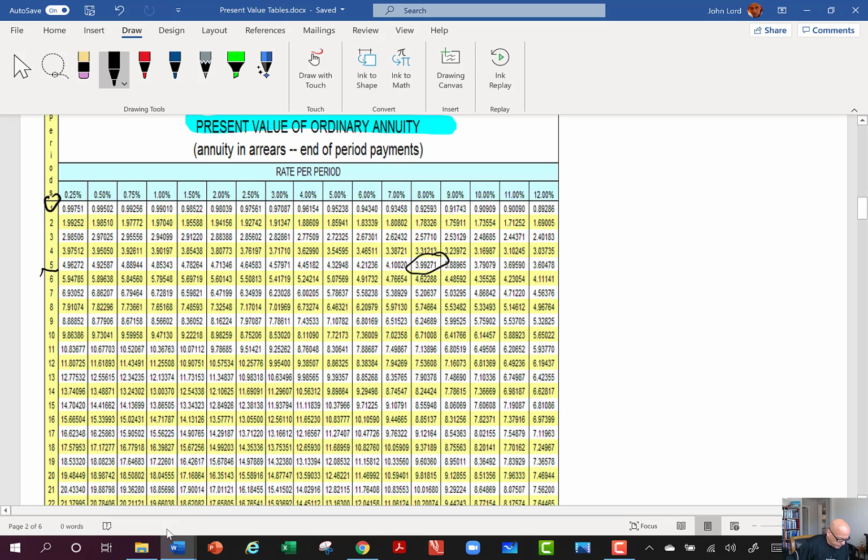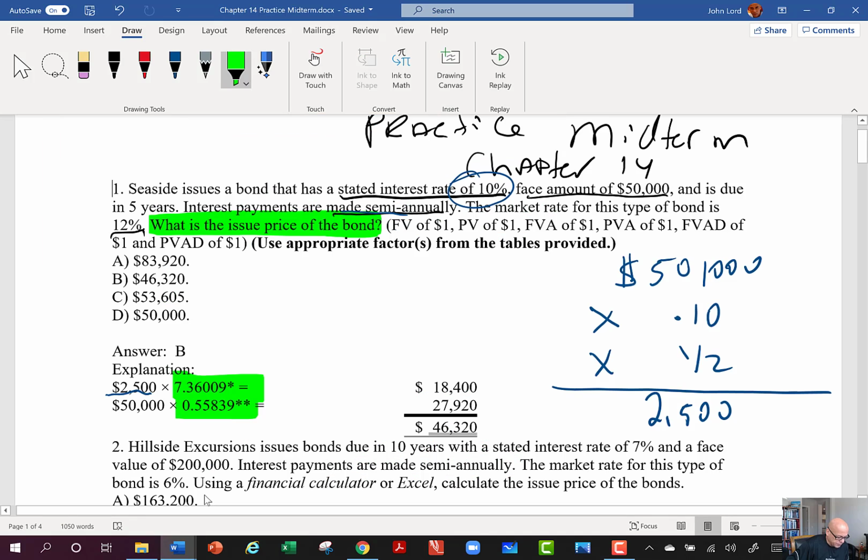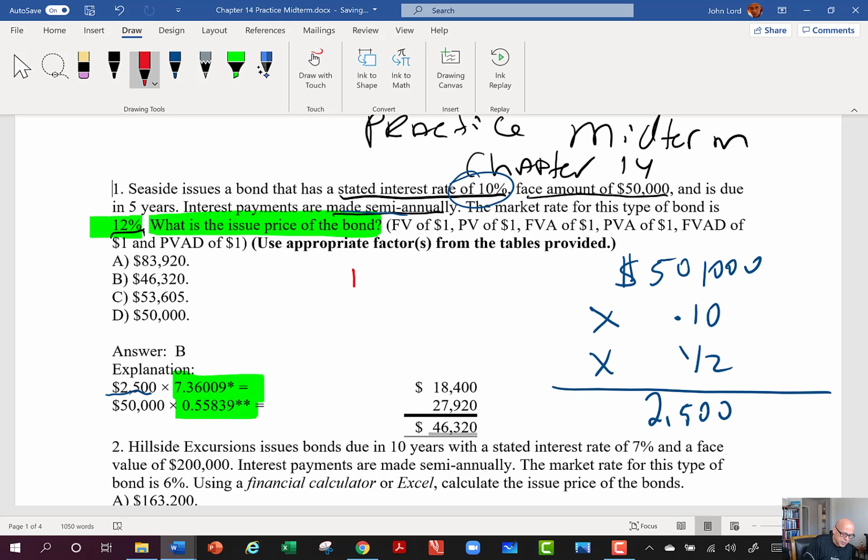12% is the market rate of interest. Now, because it's a semi-annual bond, I've got to take the 12% and divide that by 2. So it's 6% for the semi-annual periods. That's the market rate of interest, and that's what I use to discount.